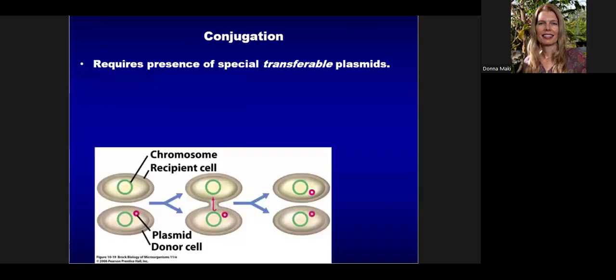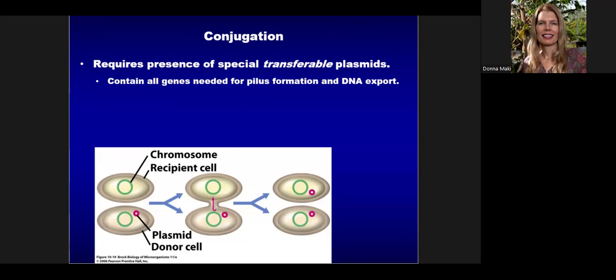It usually requires special plasmids that have the right genes on them that allow the plasmids to be transferred. These plasmids basically are like one-stop shopping.